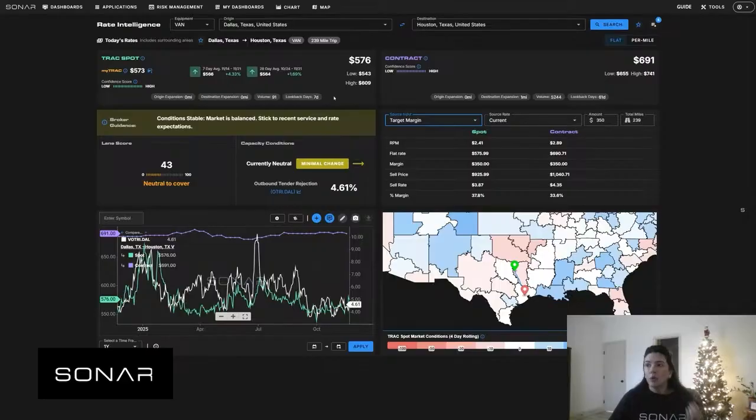All right, I'm looking at the current spot rate. This is what I can expect from a capacity perspective. Okay, I'm set up for success to cover this lane on a spot basis. Then we have our lane score, and this is going to be more of that long-term capacity expectation.